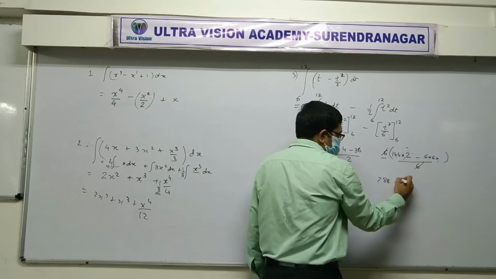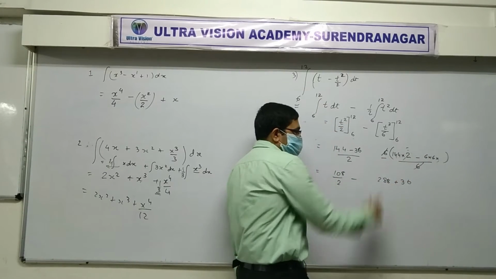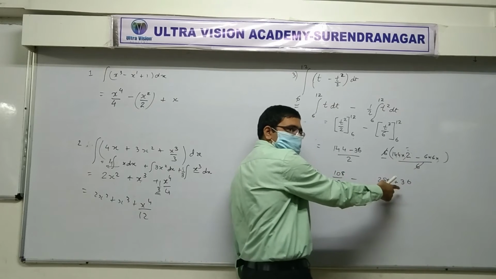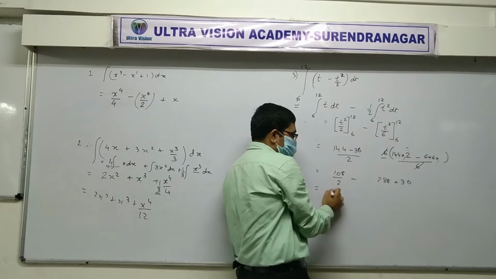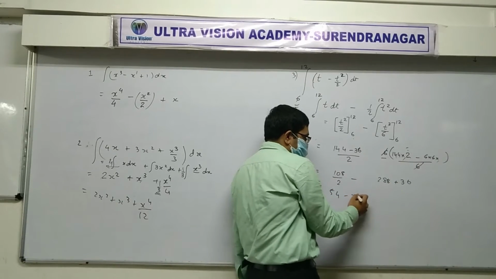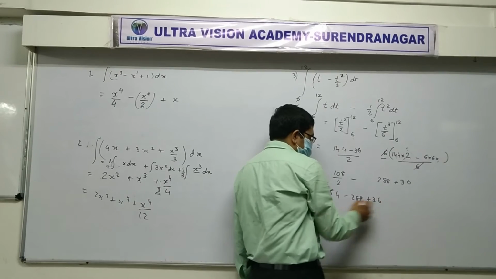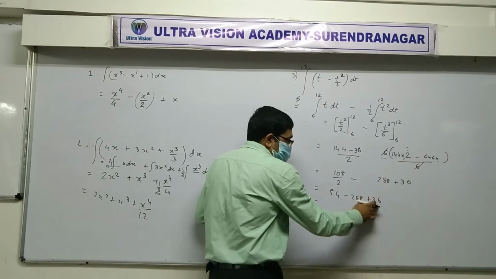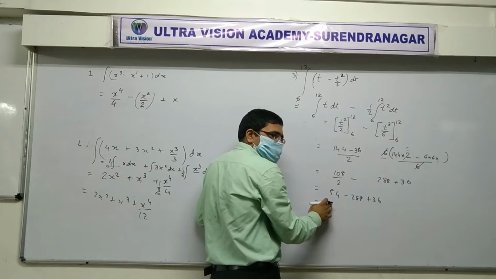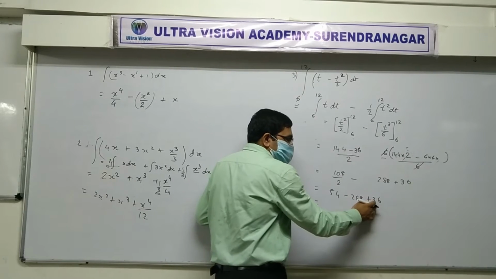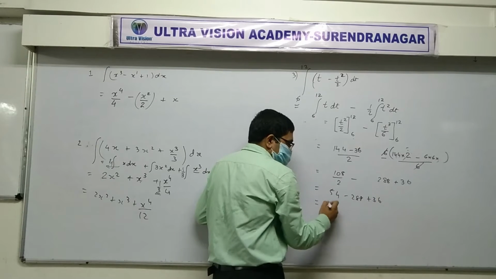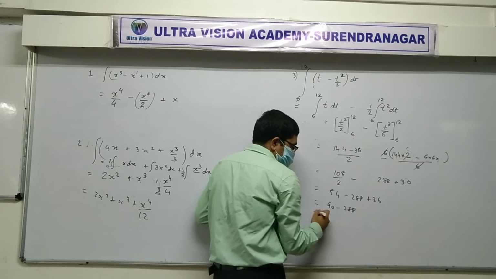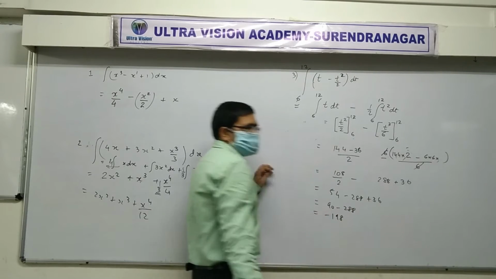So minus plus can be written, negative positive, right? Over here 108 by 2 is 54. So 54 minus 288 plus 36. This is going to be 90. 54 plus 36 means 90. And 90 minus 288 is minus 198.